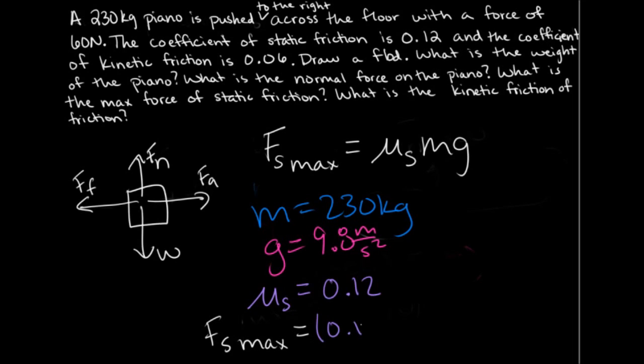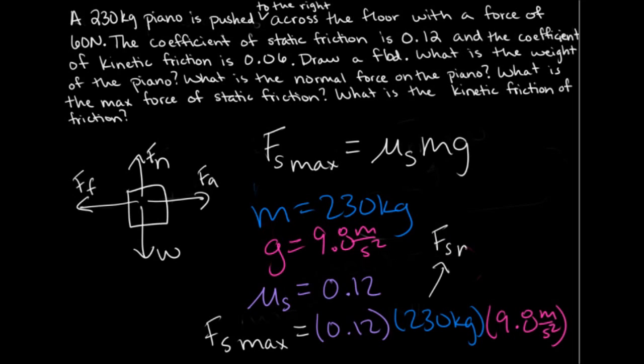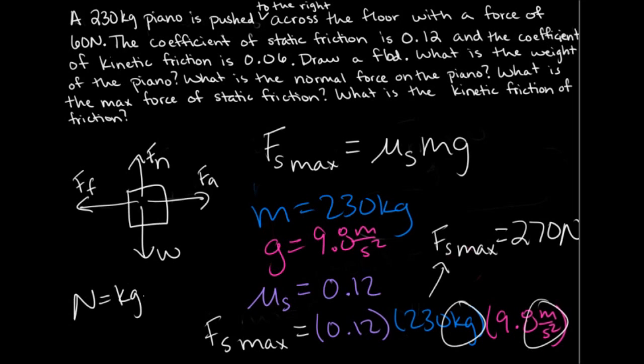So it equals 0.12 times 230 kilograms times 9.8 meters per second squared. So my maximum amount of static friction equals 270 newtons. We know that it's newtons because it's kilograms times meters per second squared, and newtons equals kilograms times meters per second squared.